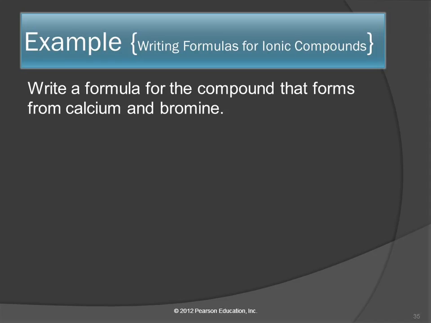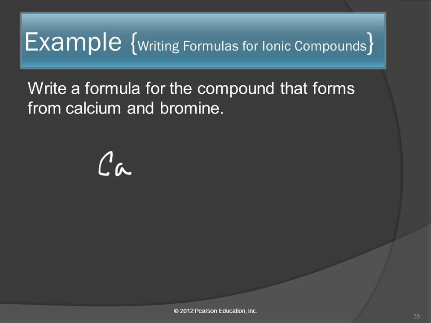There's another example. Write a formula for the compound that forms from calcium and bromine. So what kind of an ion does calcium form? Got to look at the periodic table. What group is it in?